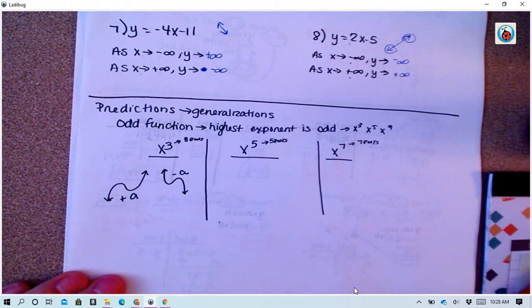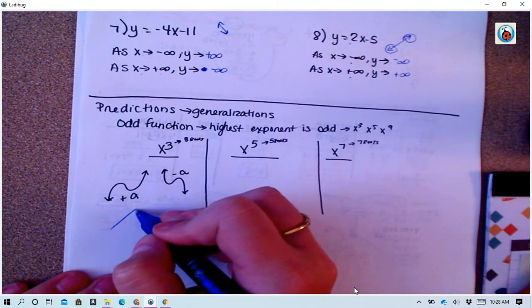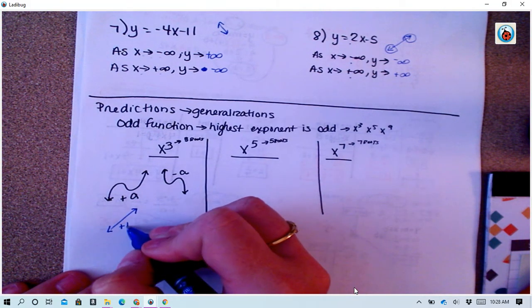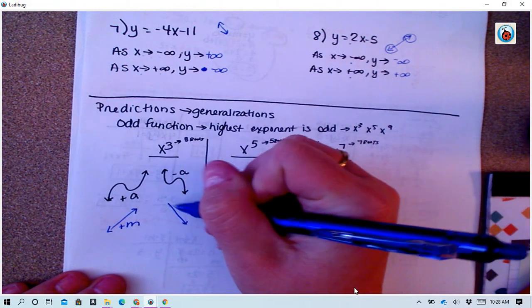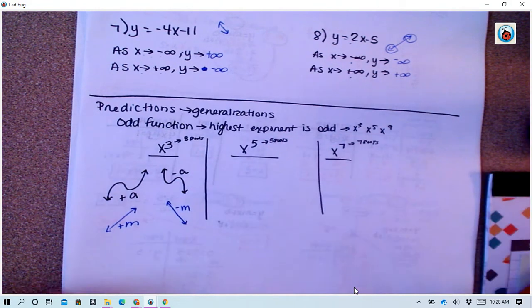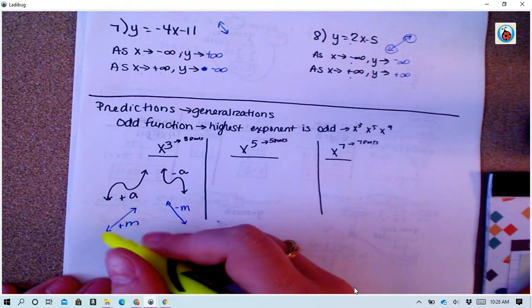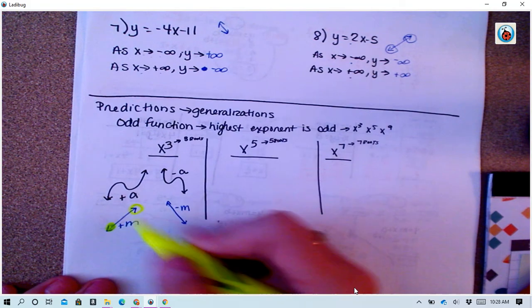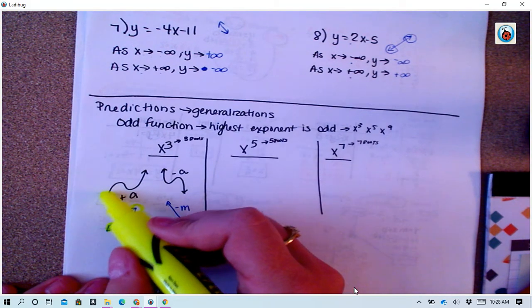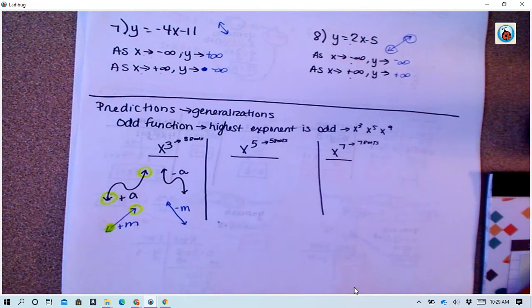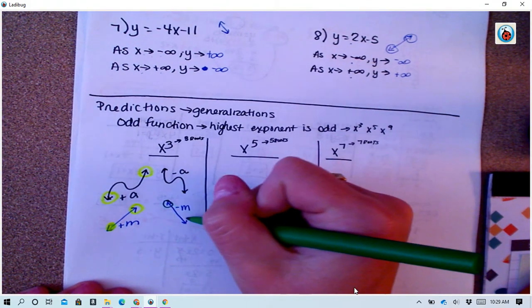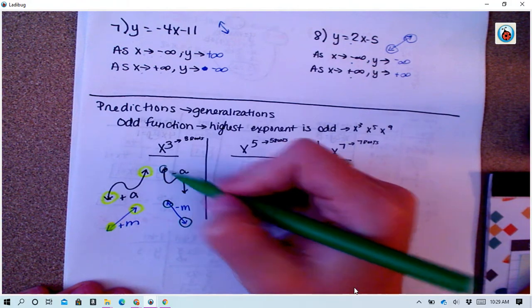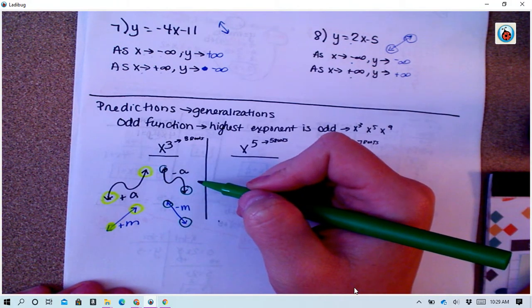Here's what I want you to notice: if I drew a line with a positive slope versus a line with a negative slope, the tails or the arrows point in the same direction. If we've got a positive slope, it's down and up. If we've got a positive a, it's down and up. If we have a negative slope, it's up and then down, and then up and then down if it has a negative a value.